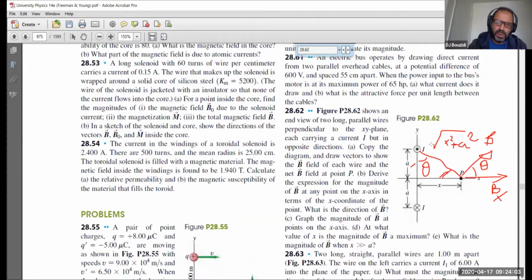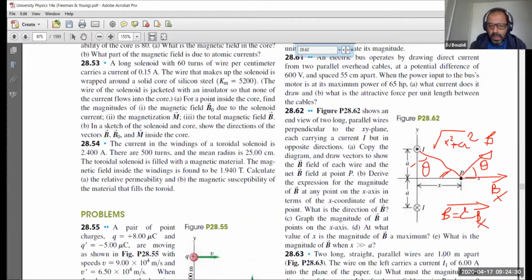And in the numerator, we'll have an a coming from the cosine. Because you have two of them, it's going to be 2 times the whole thing, one coming from the top part and one coming from the negative part. And this direction is 0. So the magnetic field is going to be in the positive direction, basically 2 times this Bx.